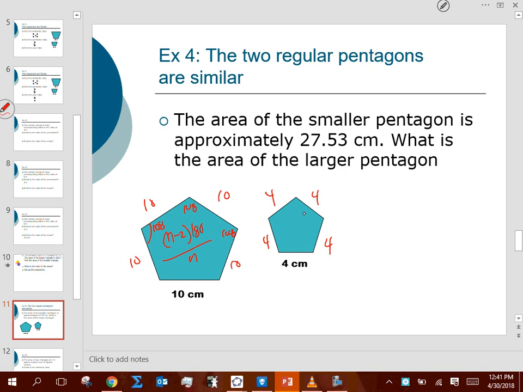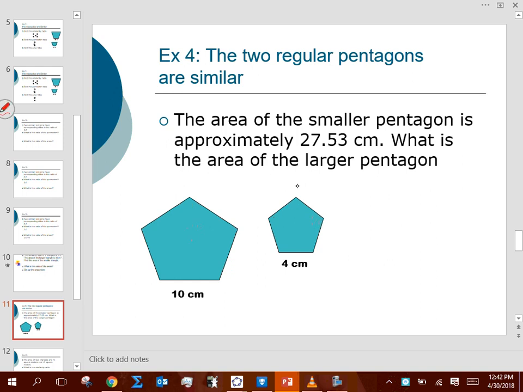Are these going to be the same thing? 108, 108, 108. Does that make sense, everybody? Still n minus 2 times 180 over n. So if I did that with hexagons or pentagons or octagons or decagons, if it's 2 decagons, 2 octagons, 2 pentagons, and they're regular, they're always similar. Does that make sense? It's a fact that we need to know.